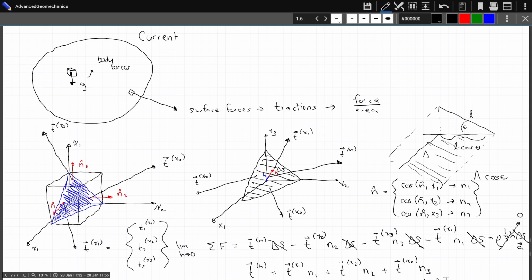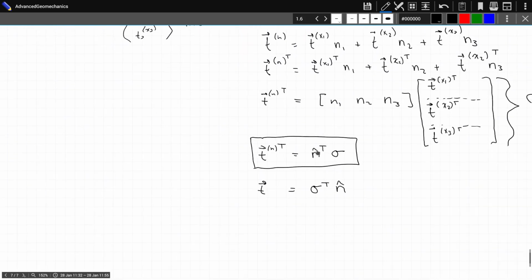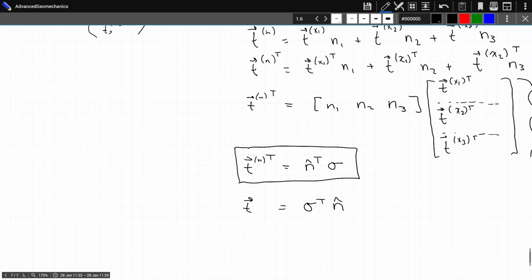So Cauchy's stress equation maps, basically, a normal vector into a traction vector. If it was defined as a stationary object, the acceleration would still make it 0.